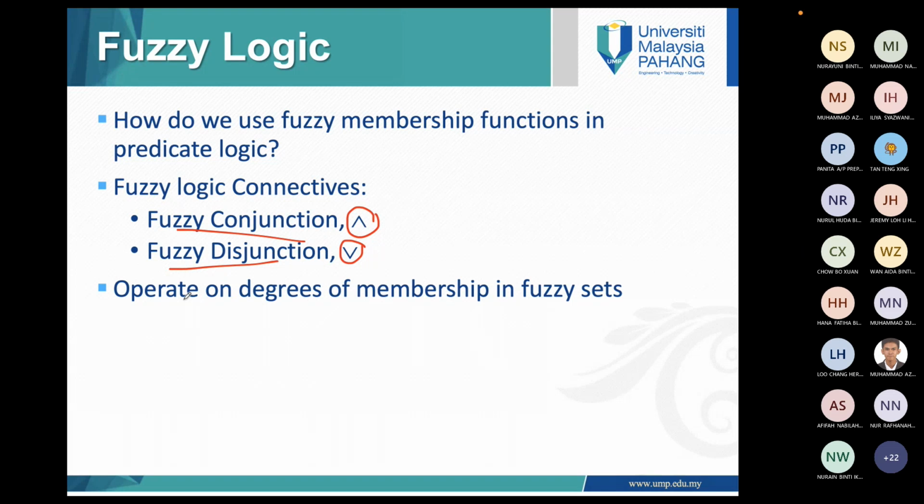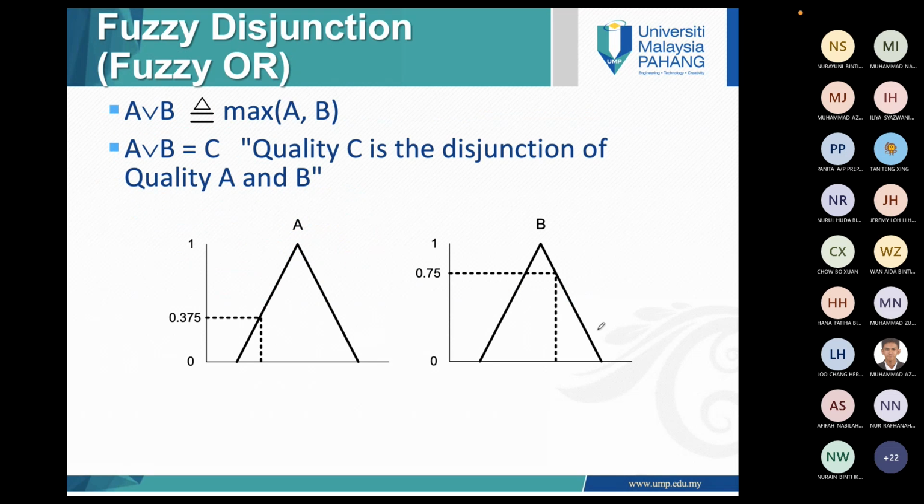It operates on degrees of membership in fuzzy sets. Fuzzy disjunction, in a word, is or. You learned this in datacom or problem solving, I guess. You should already know this, right?